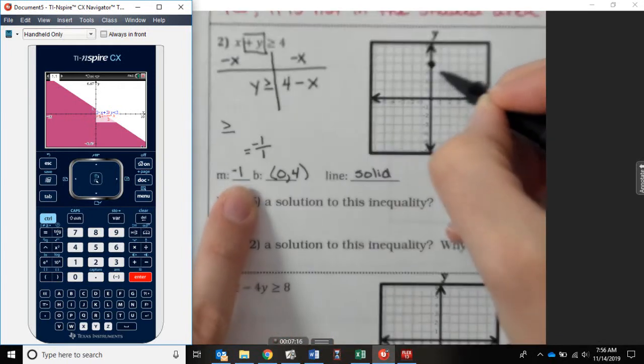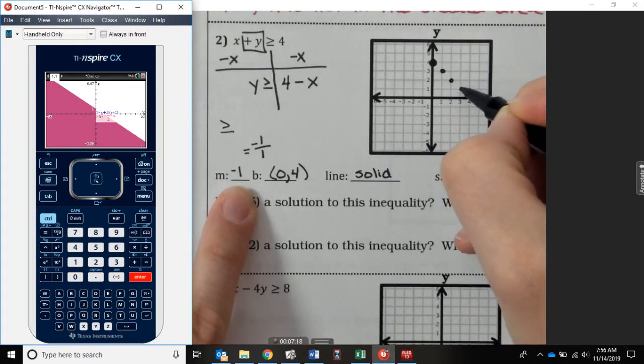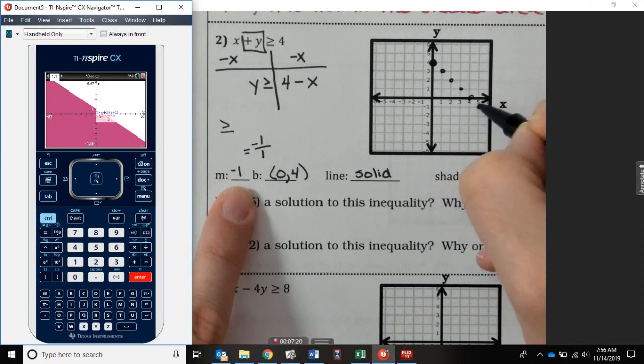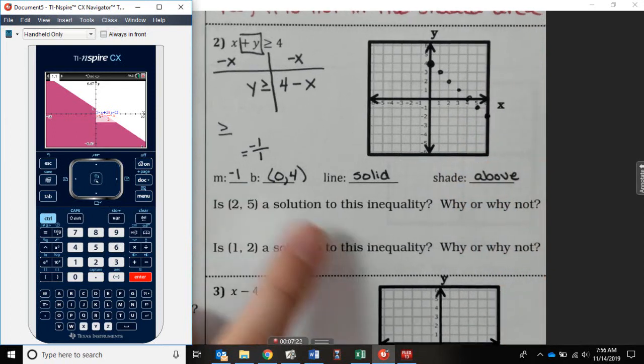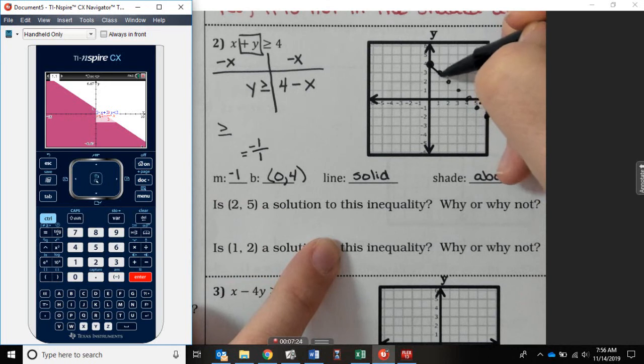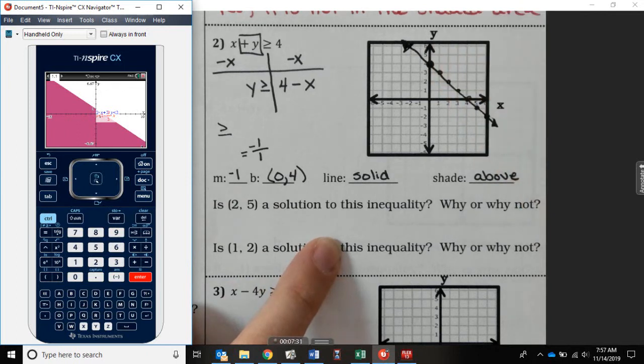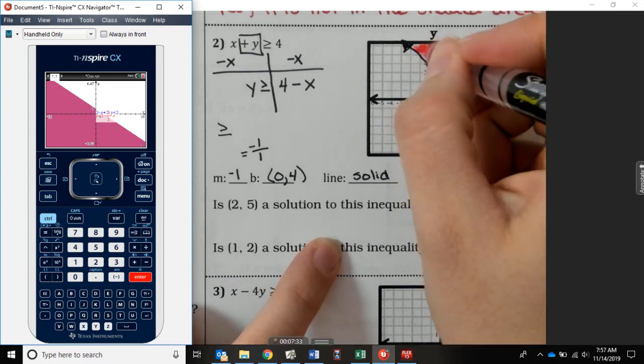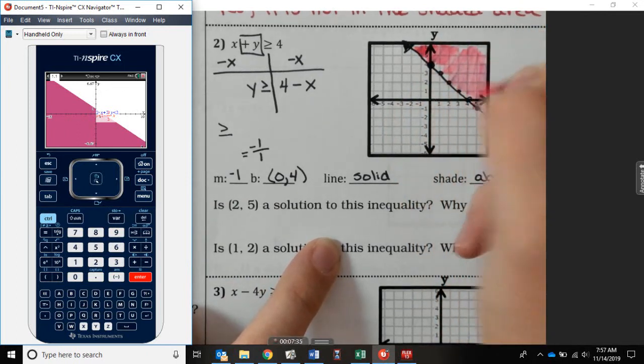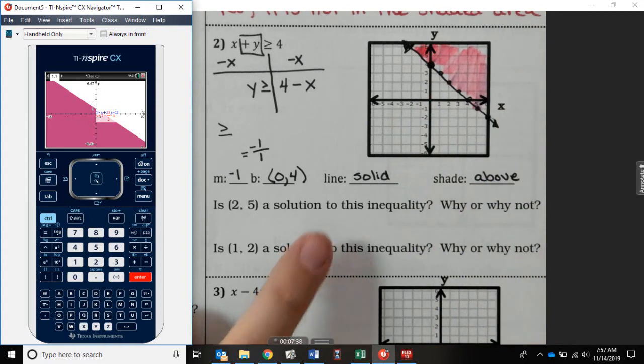So down 1, right 1. And I keep going until I run out of room. And it's a solid line, so I'm really just going to connect all the dots. And we're shading above the line. And so again, you can use your calculator to make sure that you graph it correctly.